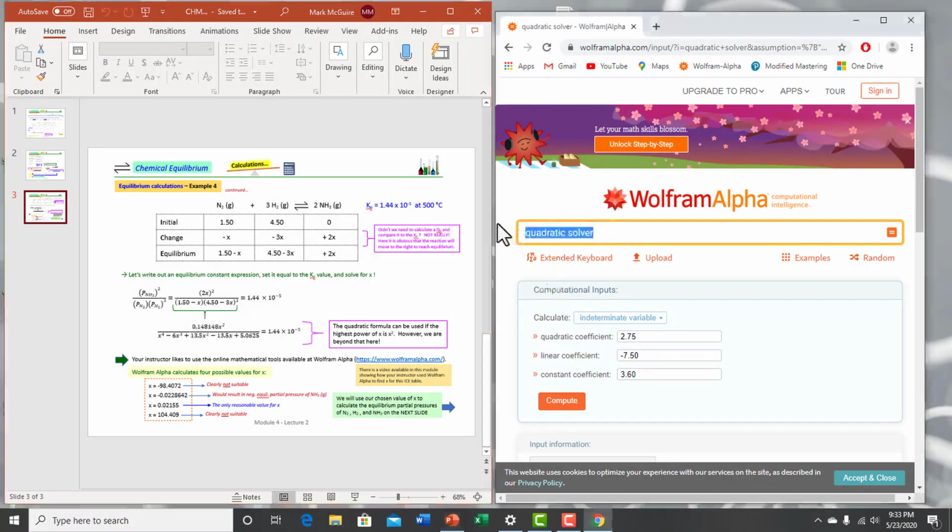So what I'm going to do is type this equation into the equation box, and by this equation I mean this one right here.